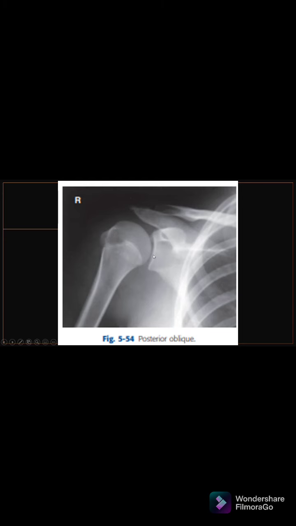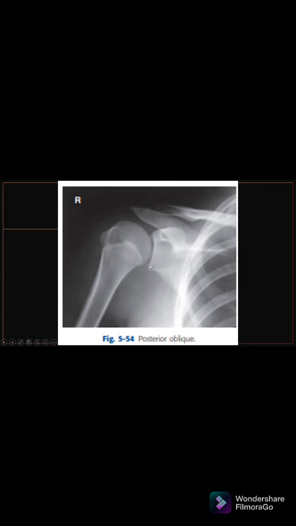So dito naman sa Grashy method, one thing na dapat natin i-note is that the scapulohumeral joint should be open. So dito makikita natin may konting space siya dito. So that is the reason na bakit ginagawa ang Grashy method, para makita natin ang interspace dito banda sa scapulohumeral joint.